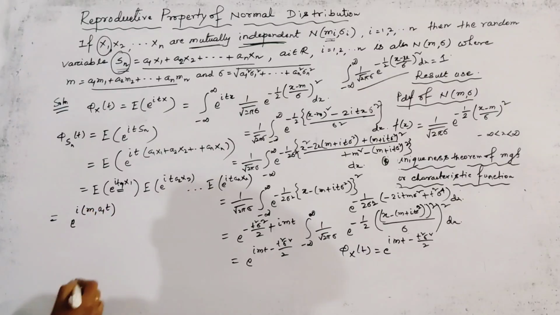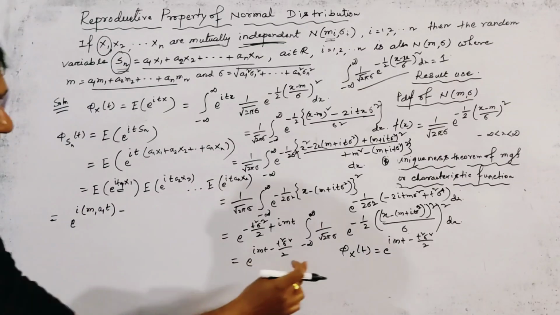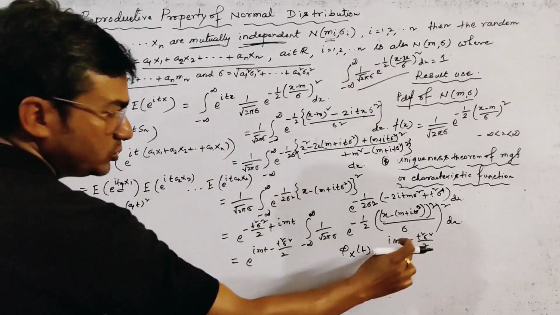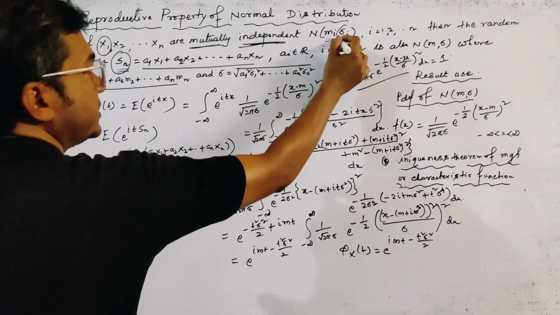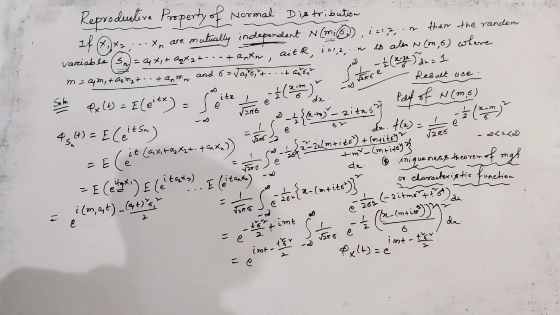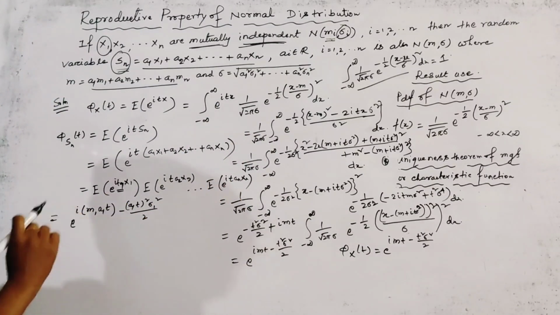This is the first term, and the second term is minus t square, so we get (a1 t) whole square into sigma square, where sigma square means sigma 1 square, by 2. This is the first value.